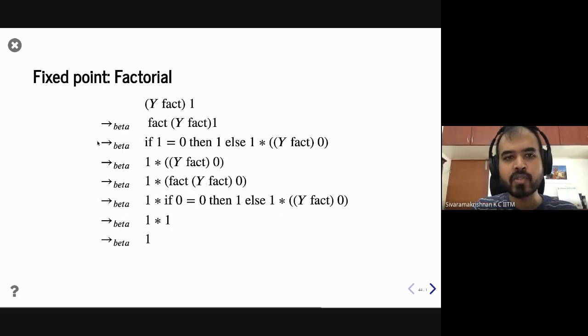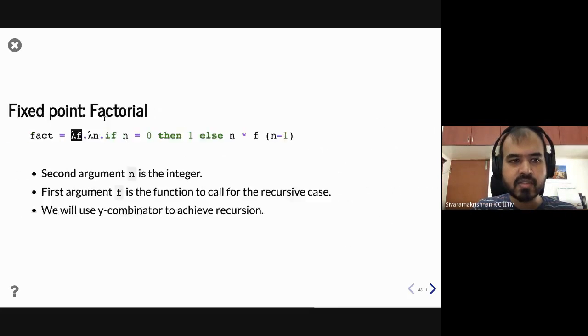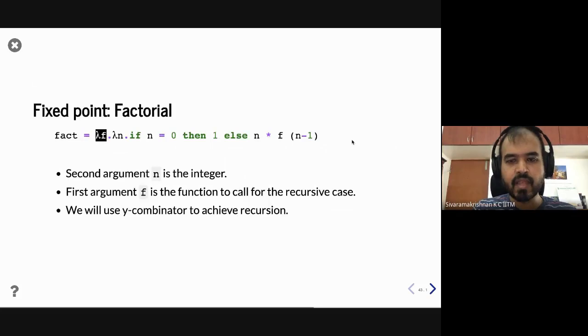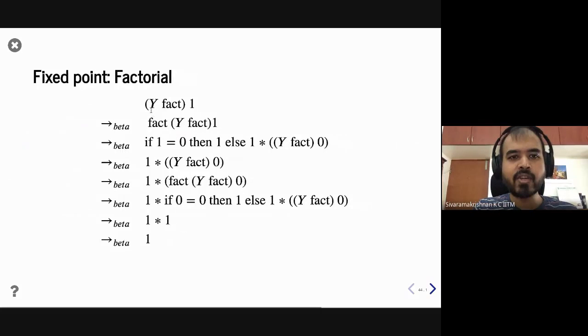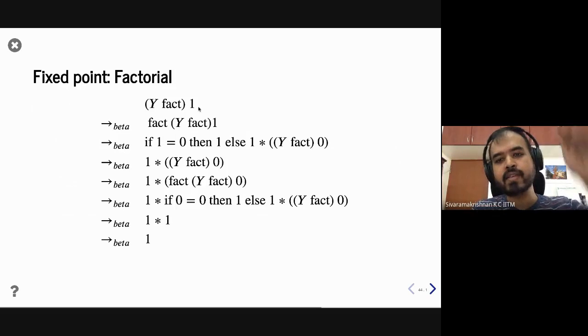So how are we going to use it? It's easiest to just look at an example. We are going to make this factorial definition recursive. The way you do that is apply the Y Combinator on fact, and then I'm going to trace the execution of fact applied to 1.